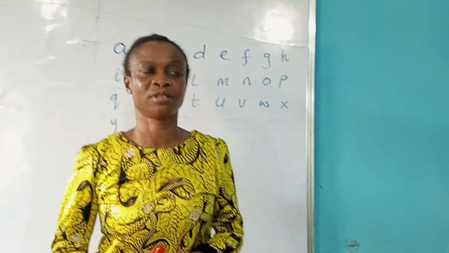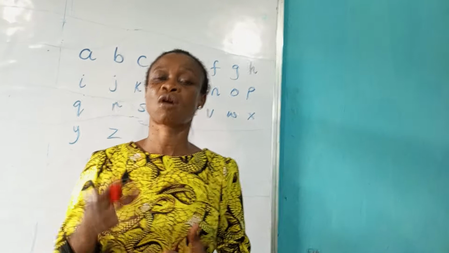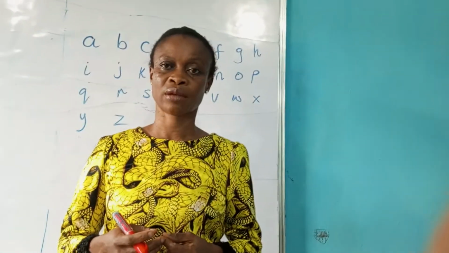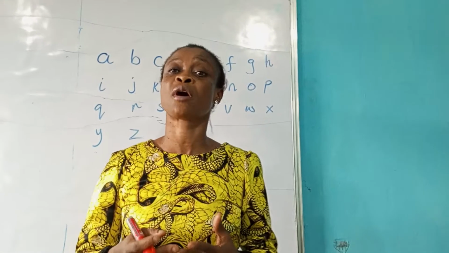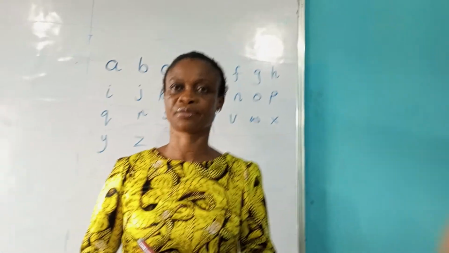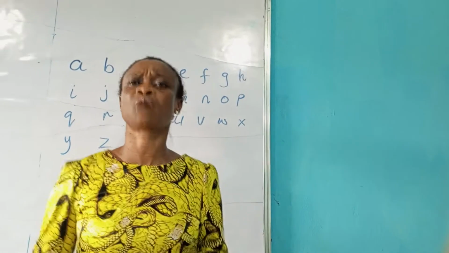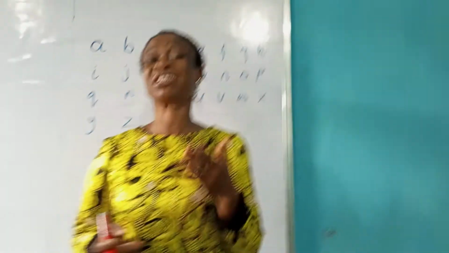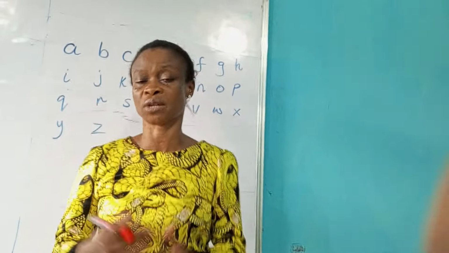In this video, we are going to learn how to combine English alphabets. We're going to learn how to combine their sounds and also how to form words using those sounds. In our previous video, I taught you how to combine English alphabets beginning with vowels, then followed by consonants.